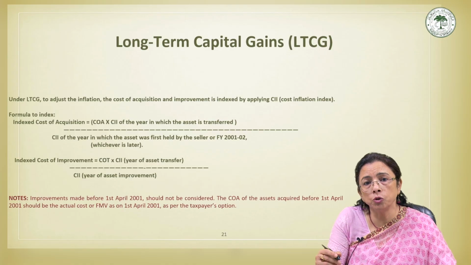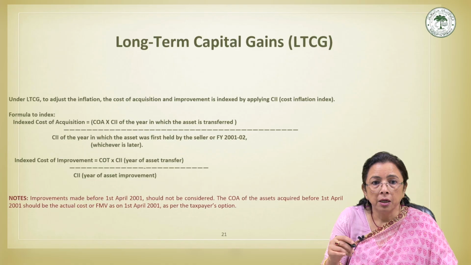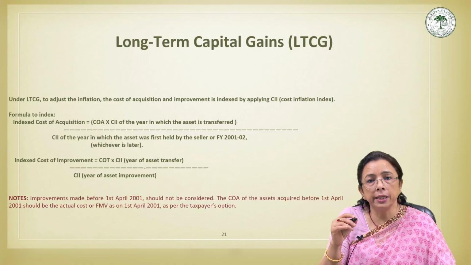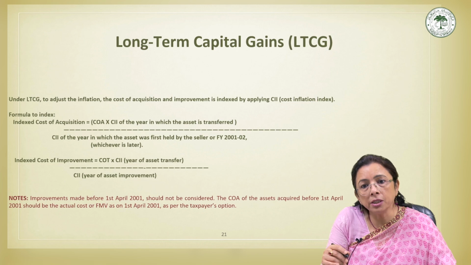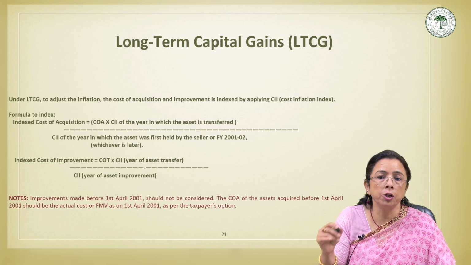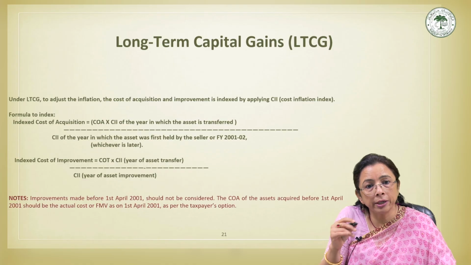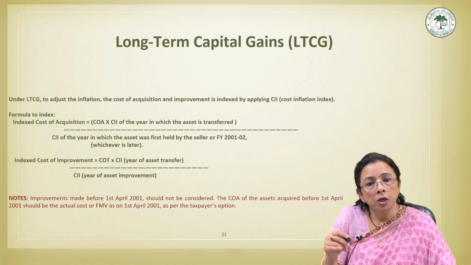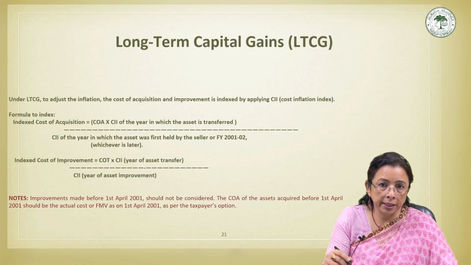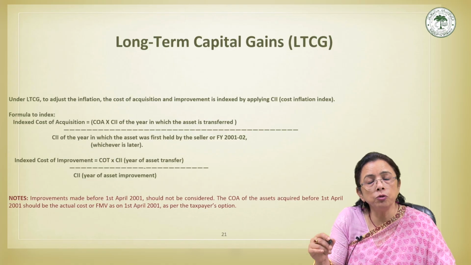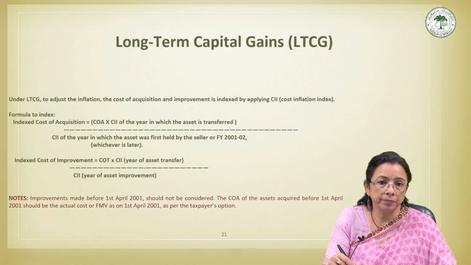So here comes the use of indexation. What is indexation? Indexation means adjusting the cost of acquisition and cost of improvement in order to reflect the inflation using the cost inflation index, CII. So instead of original cost, we use indexed cost.